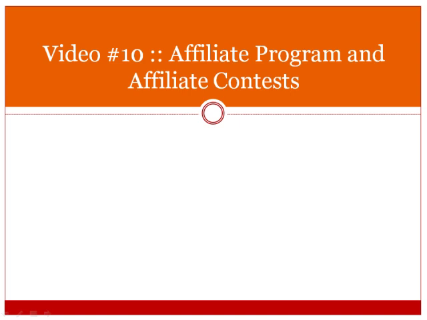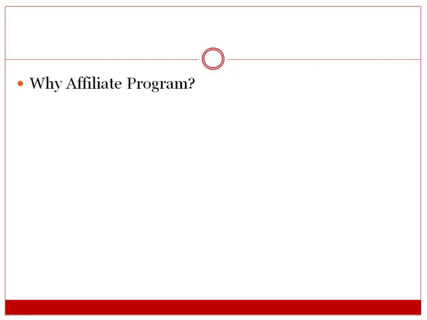Now, before I show you how to do it and how to implement this, I want to talk about a few things. Obviously, by now, you should understand why you need an affiliate program. But some of you might be thinking, well, why should I give away 50% or even 75% commissions to somebody else? Well, the bottom line is simple: if you give away a certain percentage of commissions when affiliates promote your product, it's not taking a lot of your time.